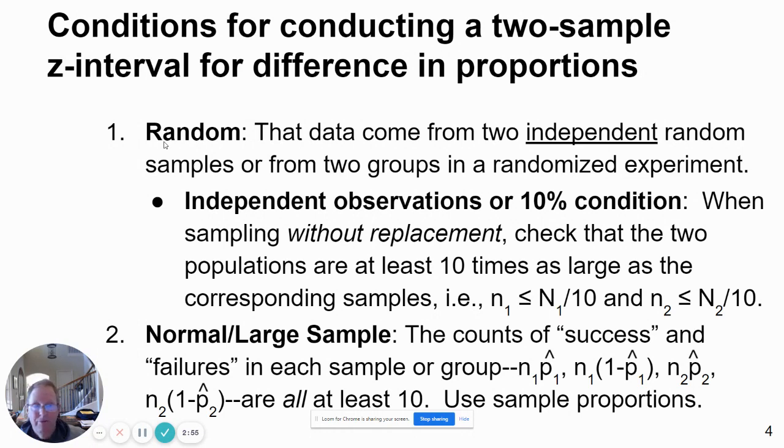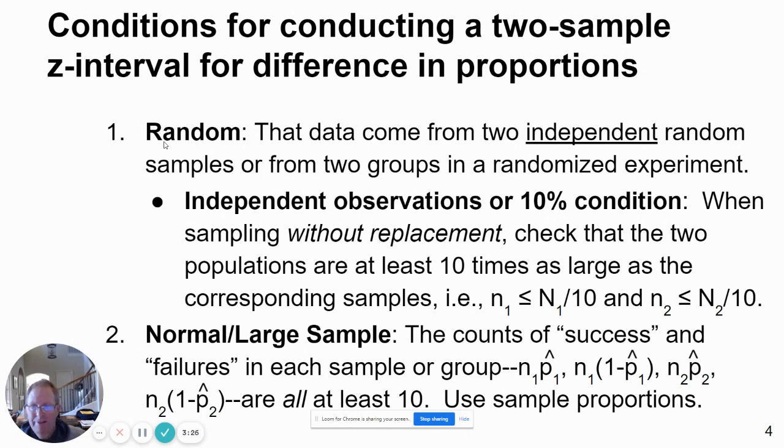And the sample size for the second sample has to be less than or equal to 1/10 of the population for that sample. Now, importantly, do not check the 10% condition when talking about experiments or when we're sampling with replacement. Only do the 10% condition when sampling without replacement.